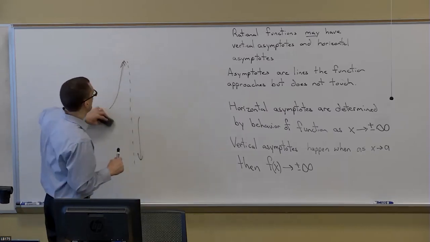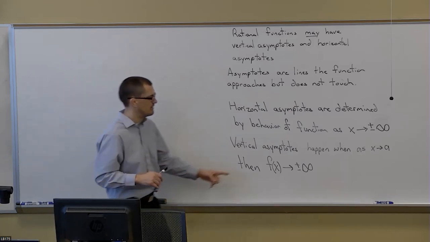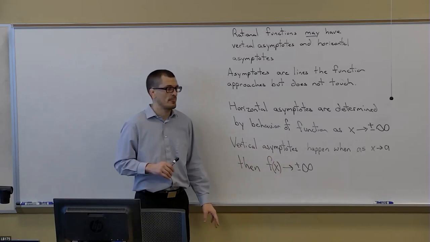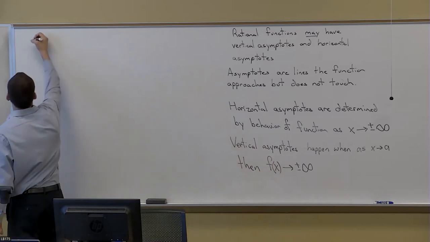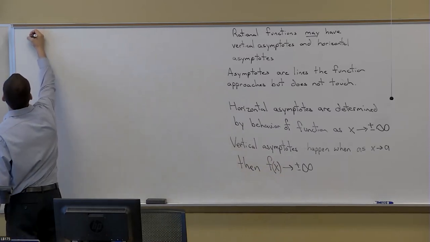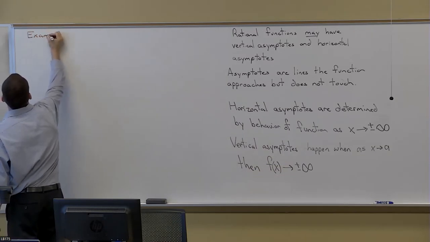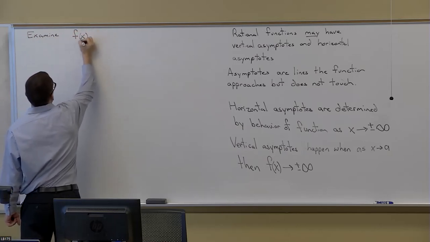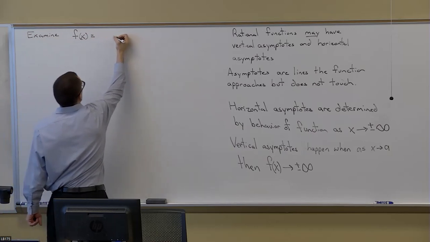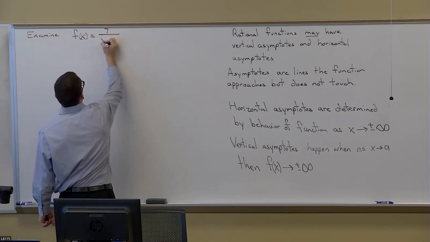Now let's think about what happens. How do we get a function shooting off to positive or negative infinity if we have a rational function? Let's examine this rational function. Let's make it a nice one. f of x is equal to 7 divided by x minus 4.